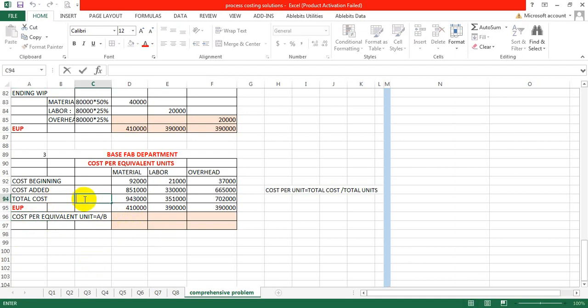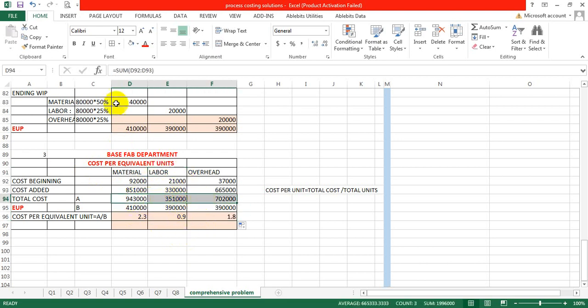I'm telling you, total cost is my A and EUP is my B, right? So total cost divided by total number of units. So what is my value? 2.3. Okay, for the three values: 0.9 and 1.8. So 2.3 for material, labor 0.9, and for overhead it is 1.8.